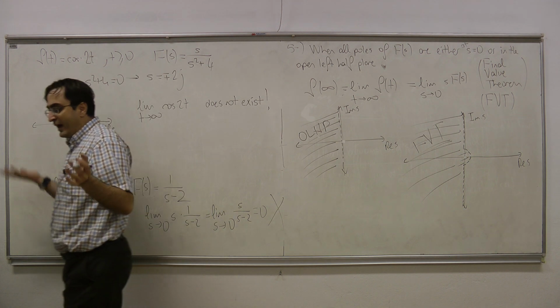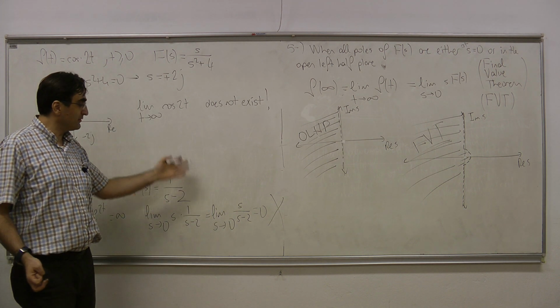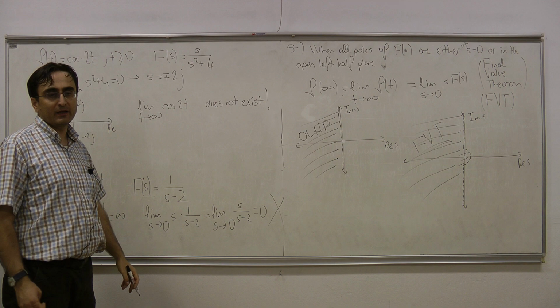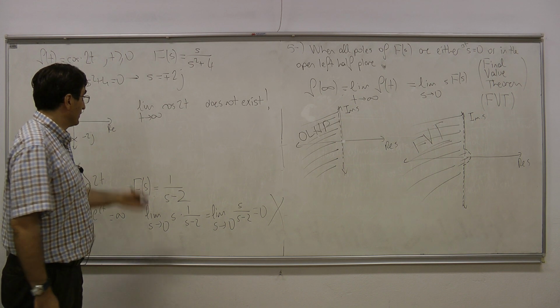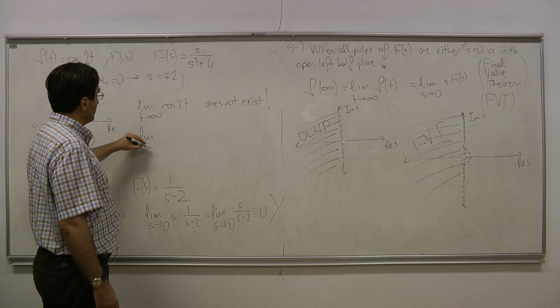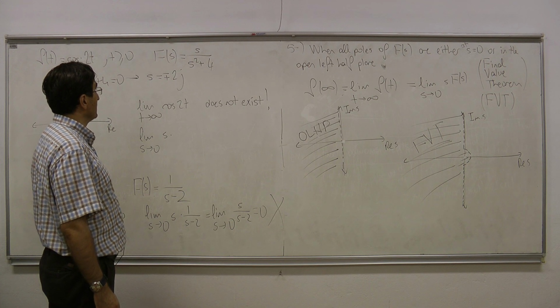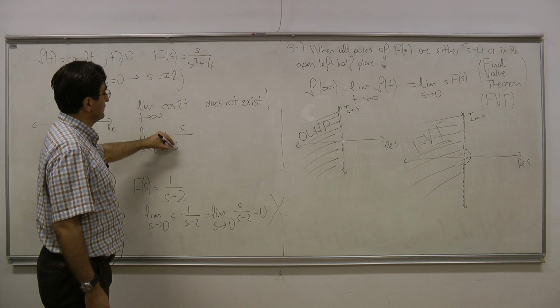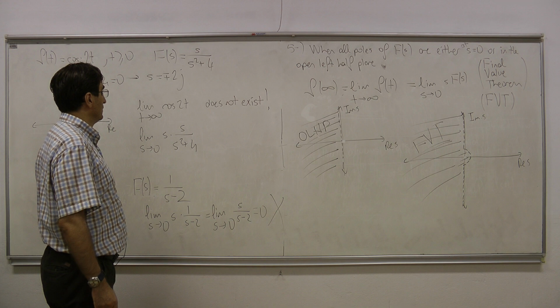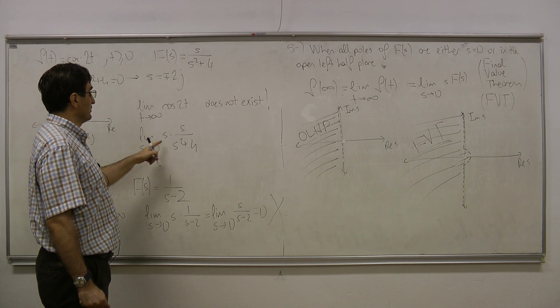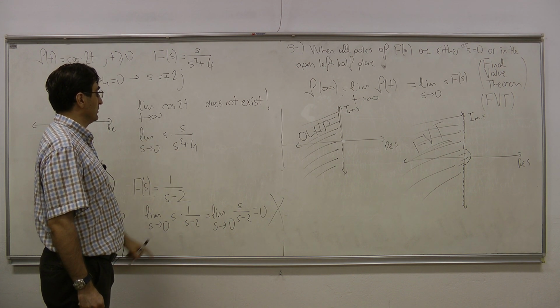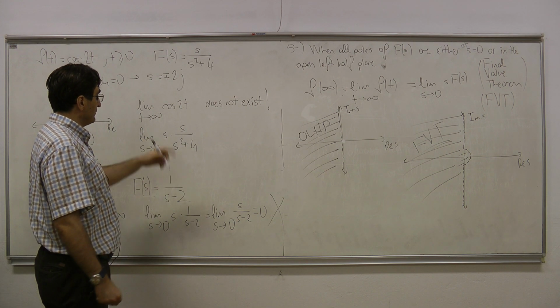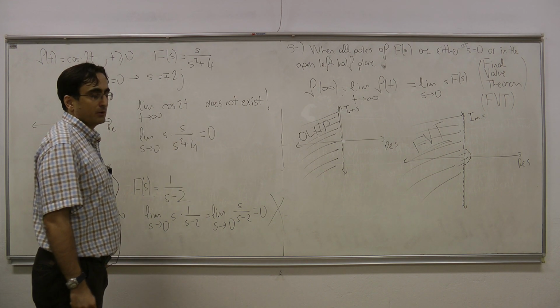So do you think the limit in the Laplace domain will exist or not? Let us look at that. Limit s goes to 0, s times F of s, s times s over s squared plus 4, which is s squared over s squared plus 4. As s goes to 0, this is going to go to 0.